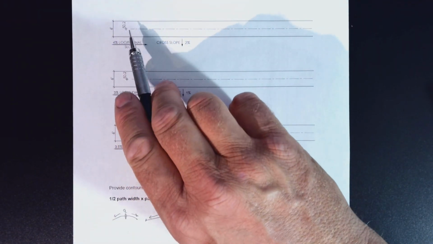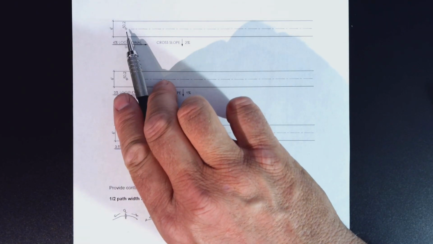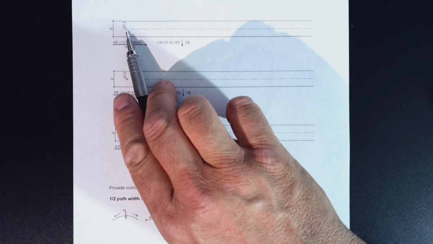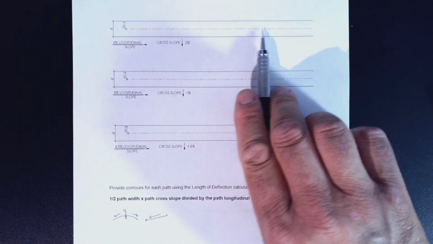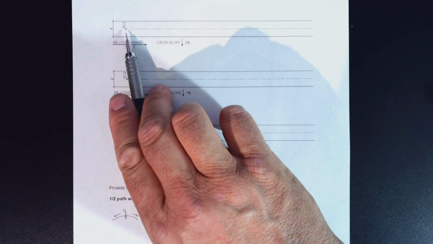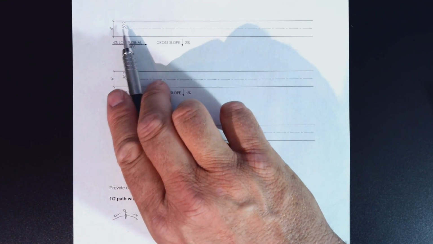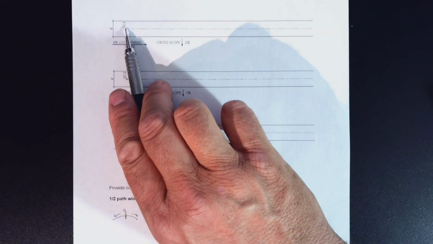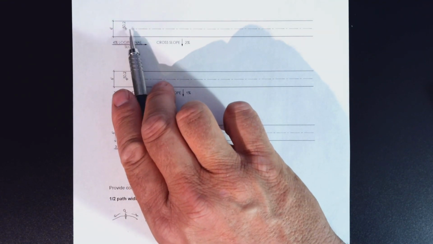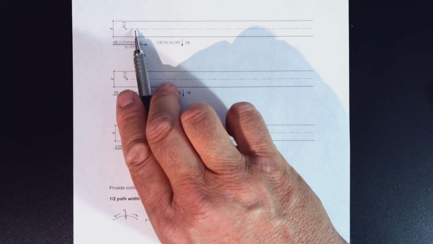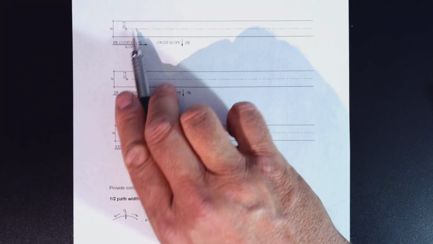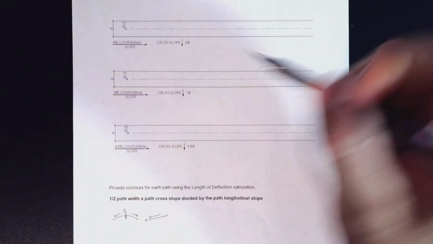To start, first thing we always need to do is find the nearest whole contour. It's going downhill this direction, so the nearest whole contour is going to be contour 50, which is 0.2 feet lower than 50.2, so we have to go 0.2 feet vertically at a 4% slope.